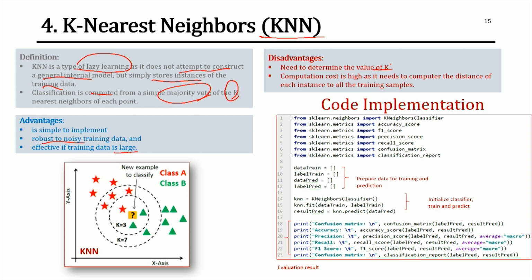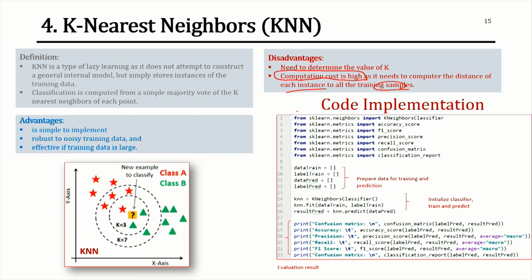We can choose k to be a specific value, it can be 2, 3, 4, 5, or some other number. And the computation cost is high because the computer needs to compute the distance of each instance to all the training samples. So if we have lower computer specifications, KNN may take more time to perform this method.